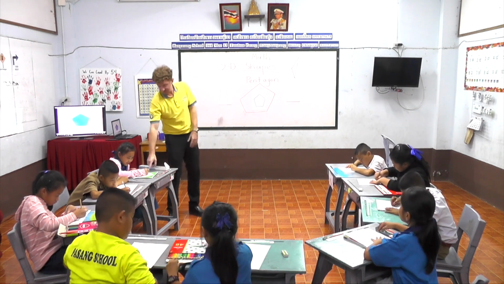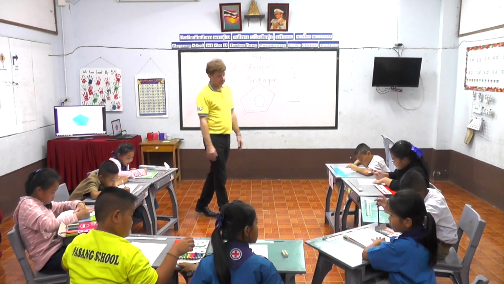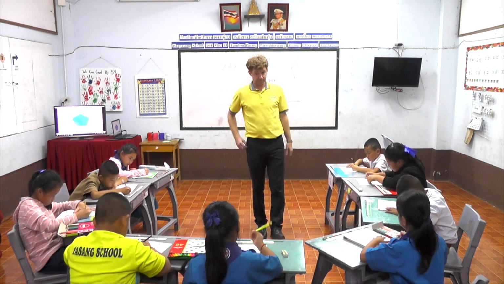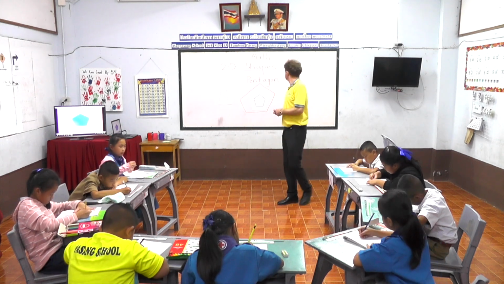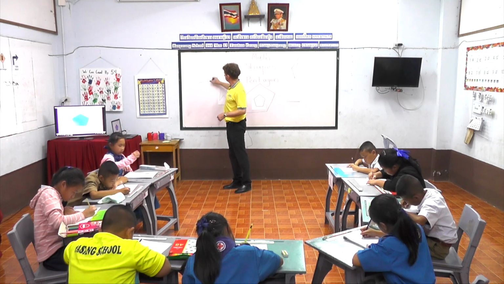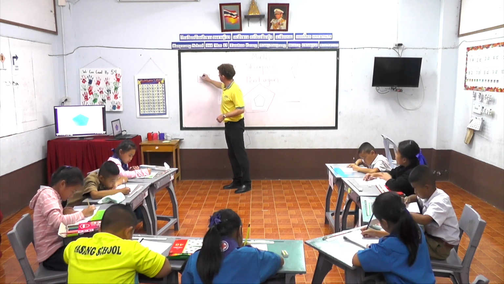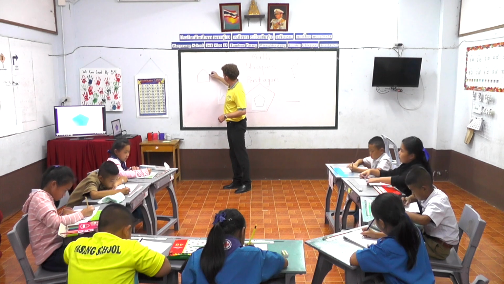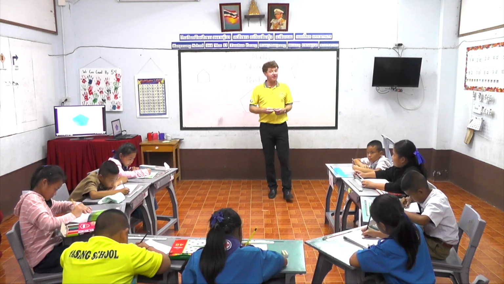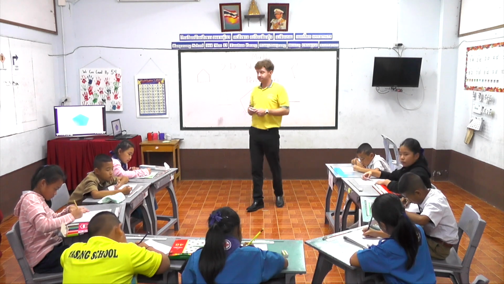It's like a house. So a house with a roof on top is like a pentagon. If a house looks like this, we go 1, 2, 3, 4, 5. That's also pentagon. 5 sides, 5 corners.